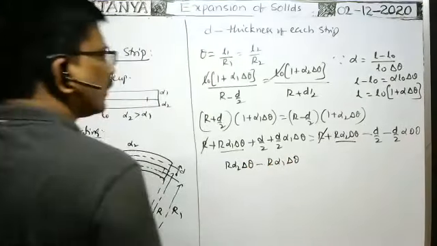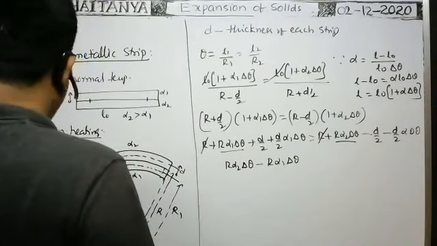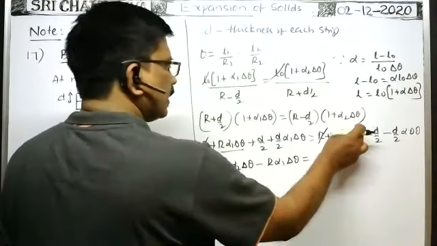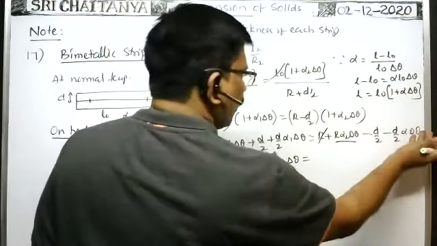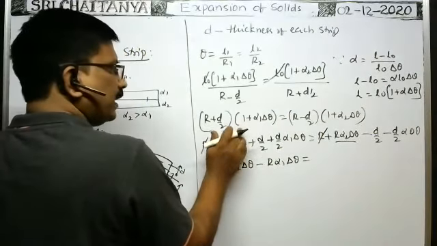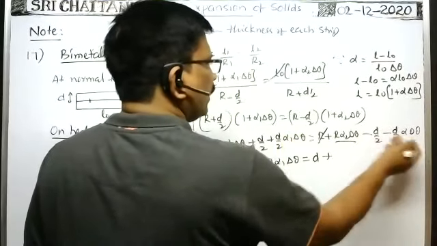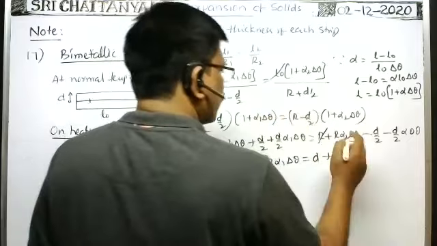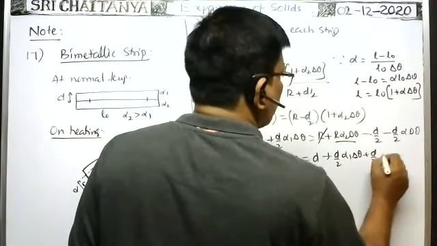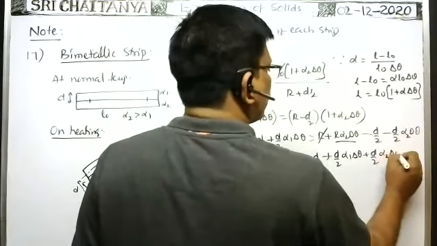You keep this here only and bring the remaining terms to the left. Minus d by 2, when you bring it to the left, d by 2 plus d by 2 becomes d. Then d by 2 alpha 1 delta theta, and when you bring this term to the left it becomes plus, so d by 2 alpha 2 delta theta.